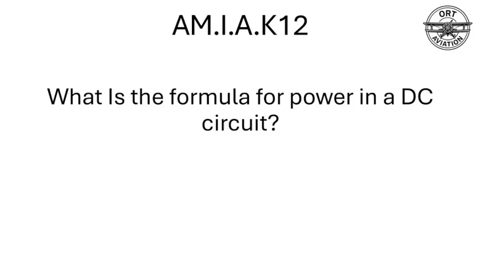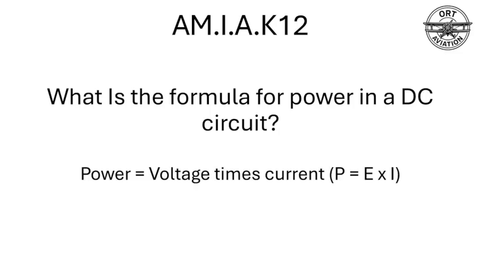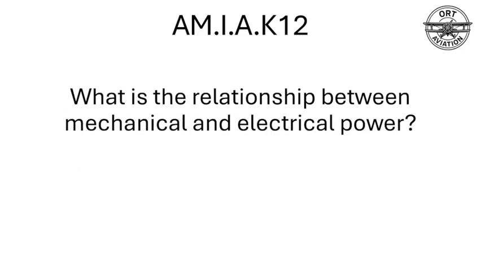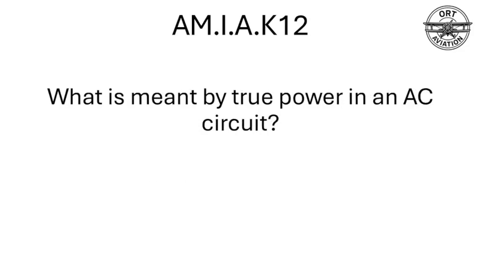What is the formula for power in a DC circuit? Power equals voltage times current. What is the relationship between mechanical and electrical power? 1 horsepower equals 746 watts. What is meant by true power in an AC circuit?